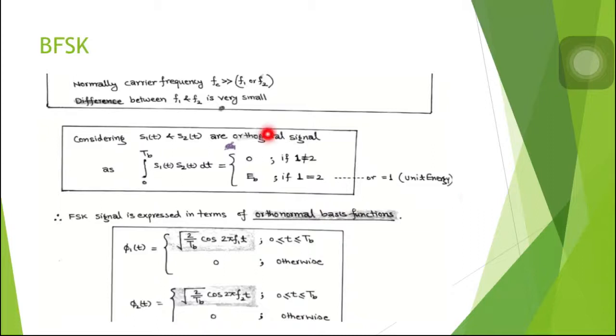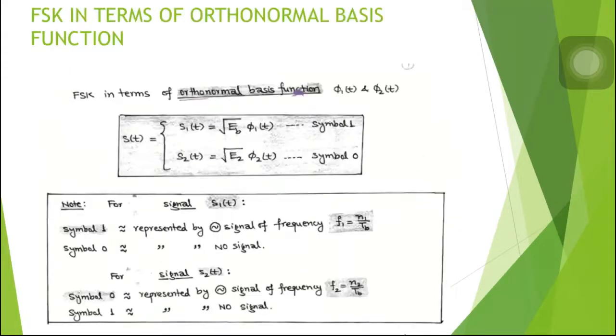We also covered the orthogonal property: considering orthogonality, we get 0 or Eb. We get 0 when the signals are not the same, and if the signals are the same we get Eb, and it becomes 1 when it is unit energy.